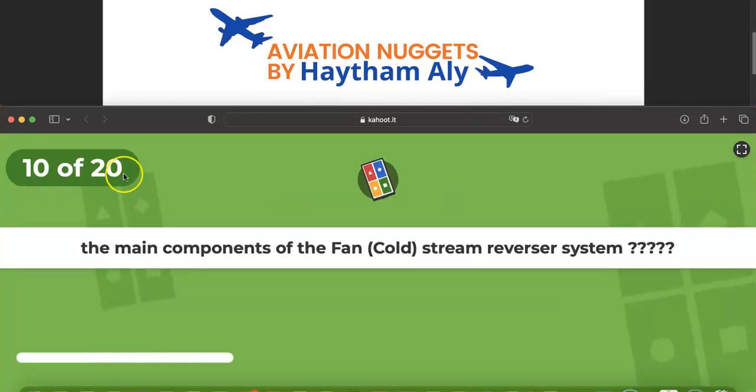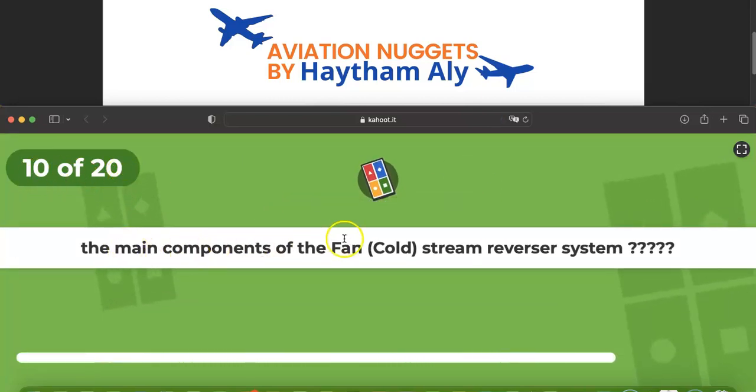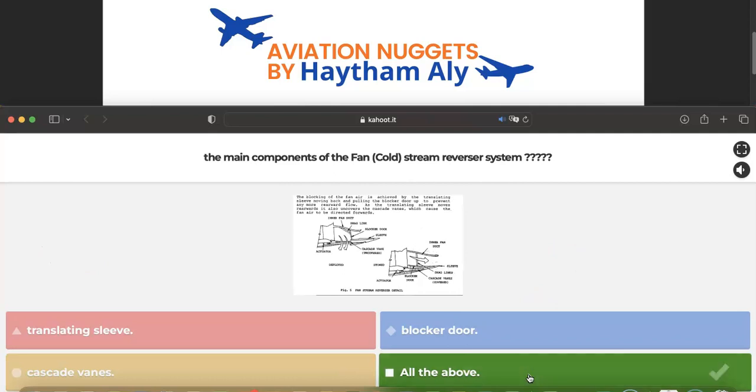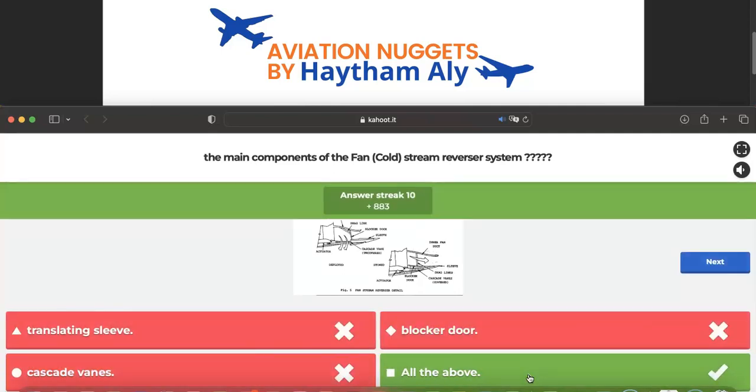Question 10 of 20. The main components of the fan cold stream reverser system: translating sleeve, blocker door, cascade vanes, or all of the above. I think the right answer is all the above, because in a cold stream reverser system we have a translating sleeve, always operated by a hydraulic actuator.